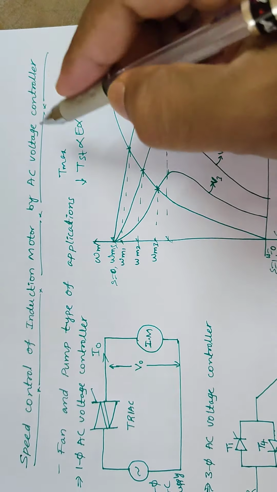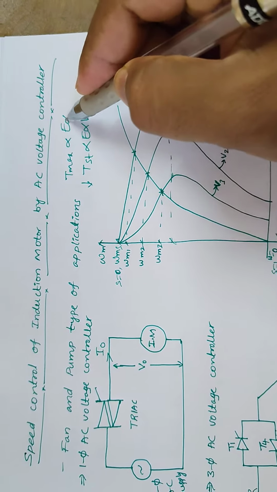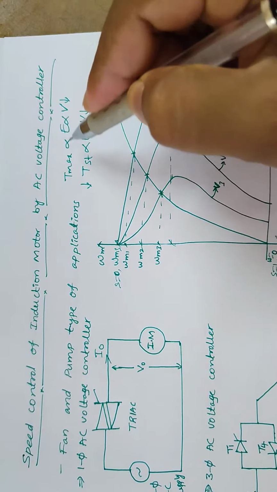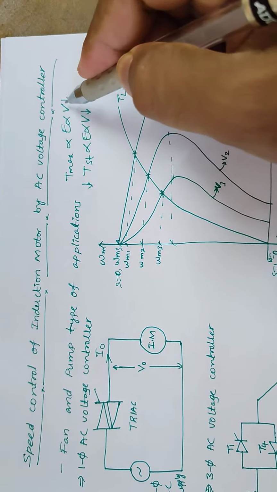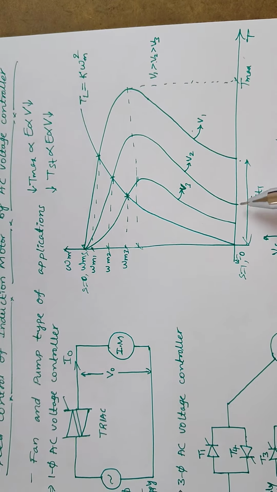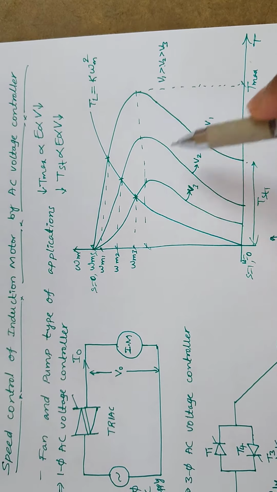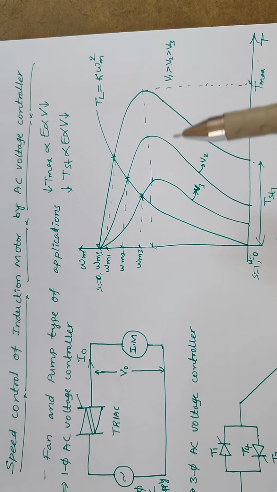Maximum torque is also directly proportional to E, which is directly proportional to V. When you decrease the supply voltage, your maximum torque also decreases. Both starting torque and maximum torque decrease when you decrease the voltage.